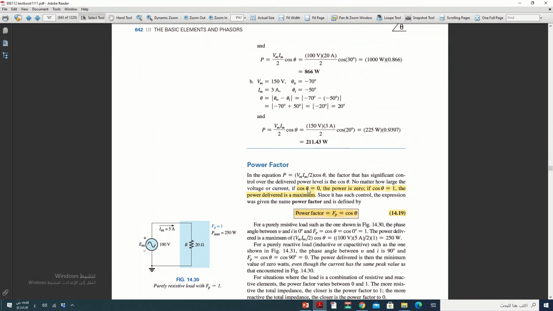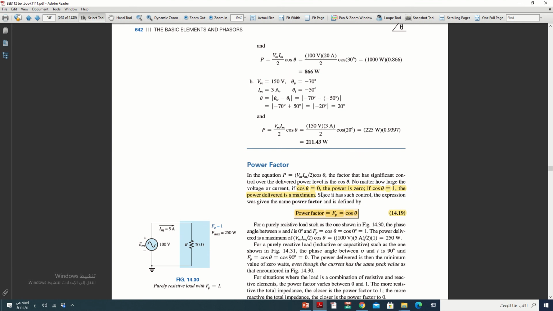Because the cosine theta will be substituted in this formula, if it is 0, the real power is 0, similar to a pure capacitor or pure inductor in this case. And cosine equal to 1, in this case is a pure resistor.